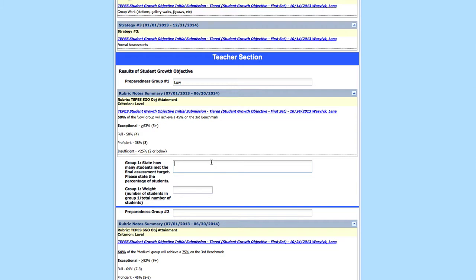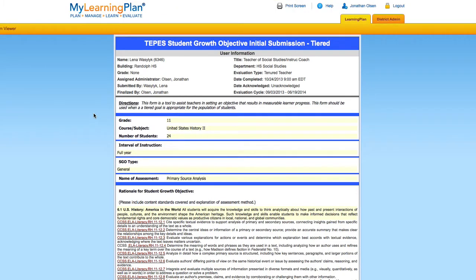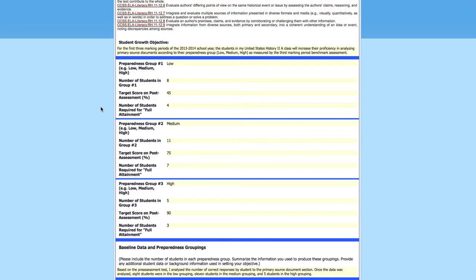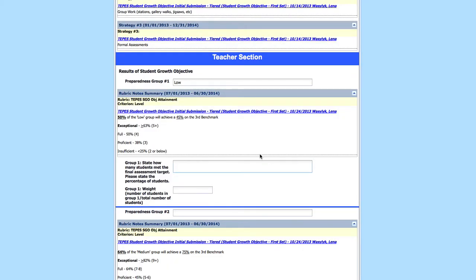So out of this group, on the low section, we're going to go back to the initial submission form, and we'll see here that the number of students in group 1 is 8, and the required number for full attainment is 4. So here, state how many students met the final assessment target. We'll say we have full attainment, so 4 students made it. And please state the percentage of students.